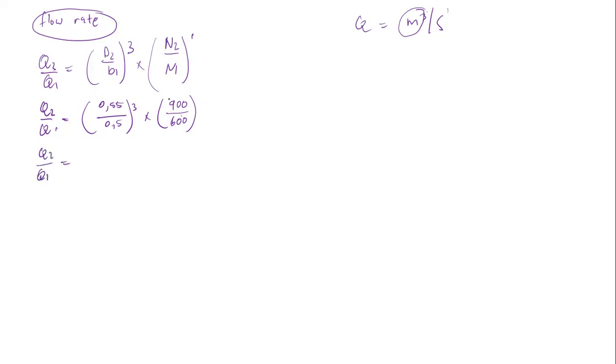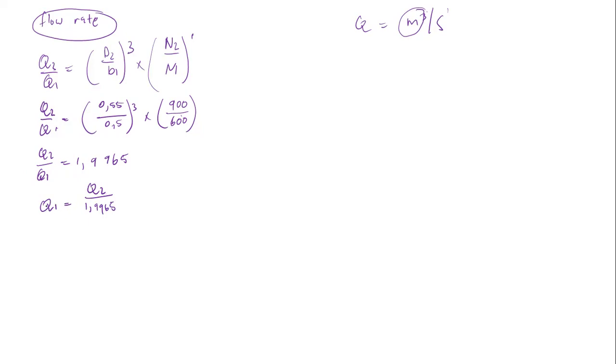When we punch everything into our calculator, we get 1.9965. Because we are looking for the flow rate Q1, we make Q1 the subject of the formula: Q1 is Q2 divided by 1.9965. So this is Q1.